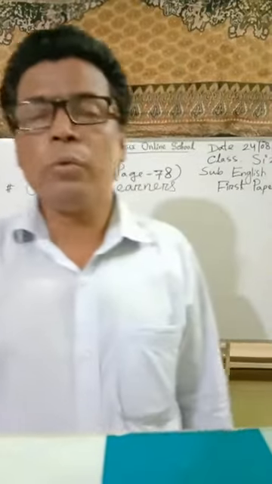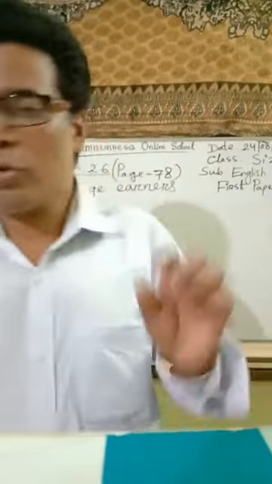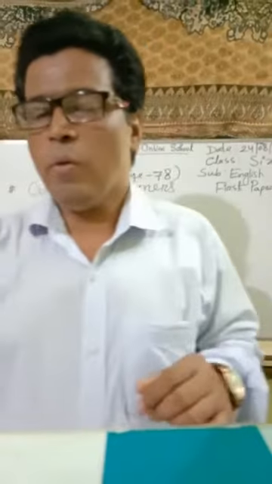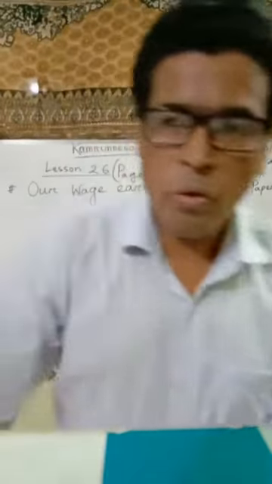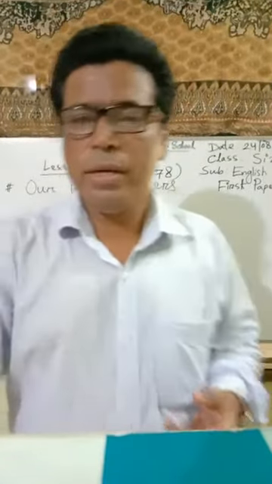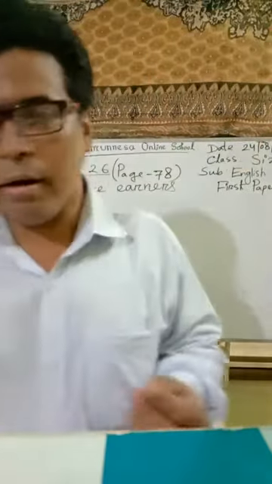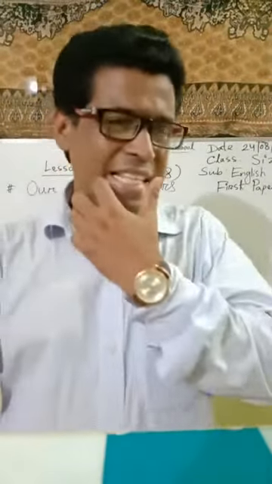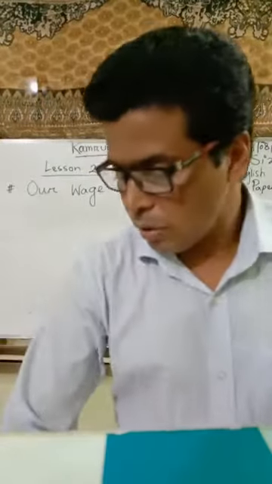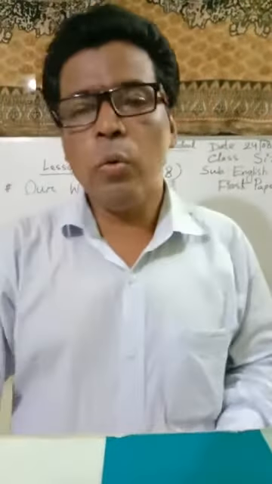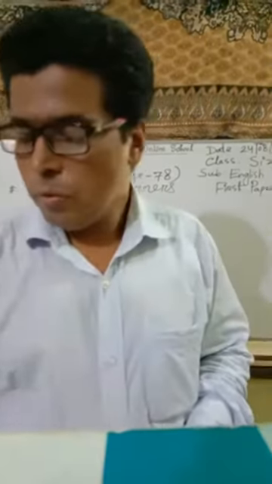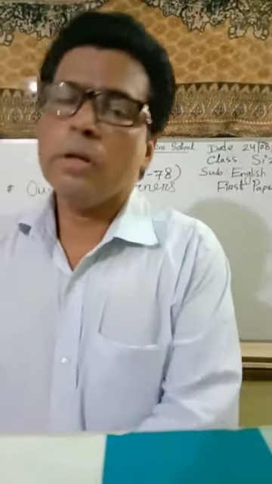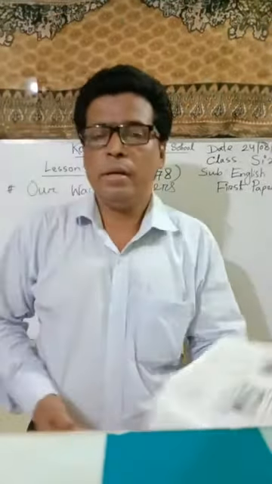And so we can say that there are two types of wage earners. One is overseas wage earners or foreign wage earners. They work in overseas countries and earn wages. And another is domestic wage earners or our native wage earners who work in our country. So today we will discuss the topic which is assigned for us in lesson 26.